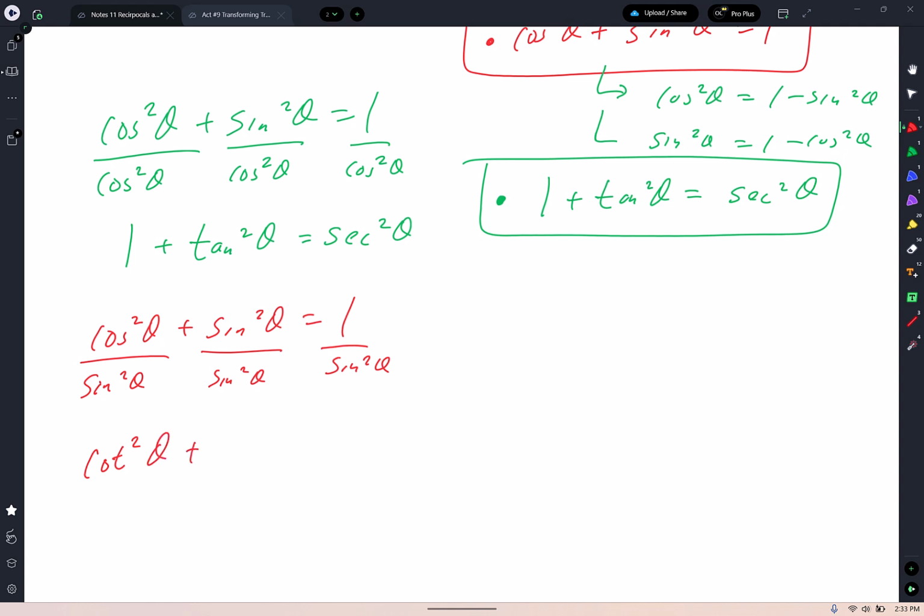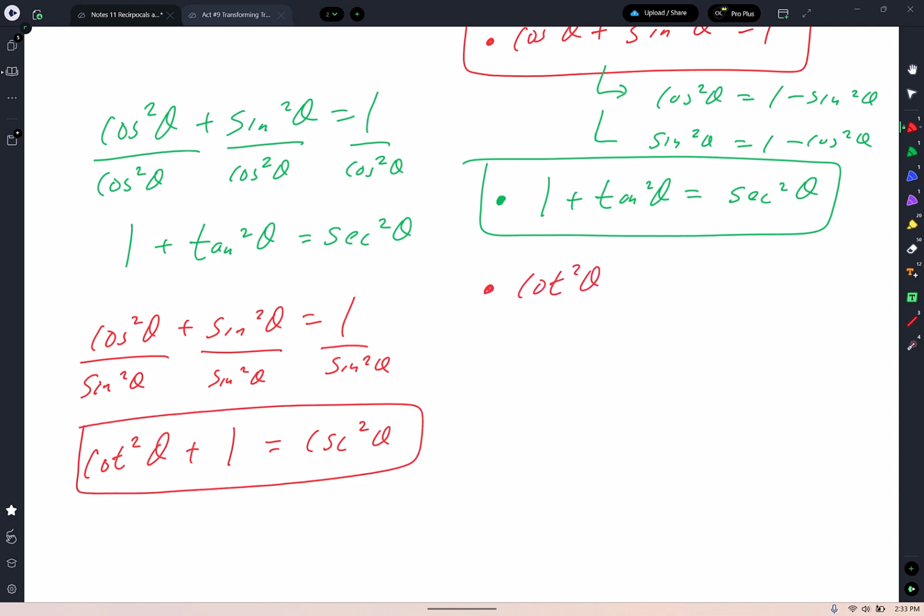Plus, what's sine squared over sine squared? 1 equals, what's 1 over sine squared? Cosecant squared. Good job. There's my third one. I'm going to put my third bullet up here. Cotangent squared theta plus 1 equals cosecant squared theta. You're going to be using these three bullets over and over again.